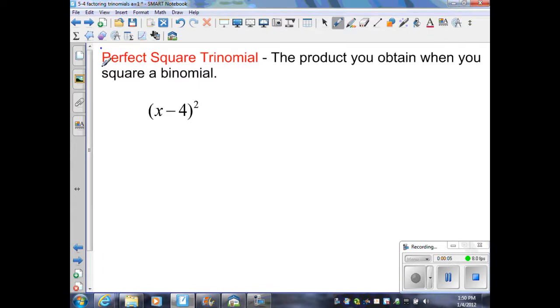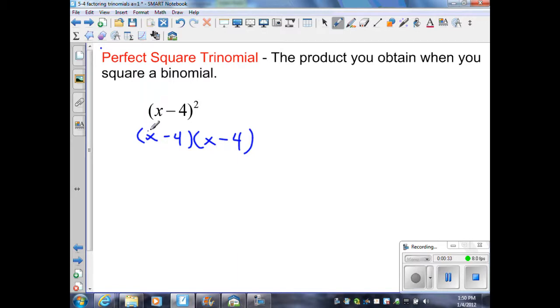The next type of trinomial we'd like to factor is called a perfect square trinomial. Here is what a perfect square trinomial looks like after it's been factored. Let's take a look at how we go from this product of a square binomial to a trinomial. Recall that when I have this binomial and it's squared, I rewrite it as x minus 4 times x minus 4. In other words, it looks like a product of its factors.